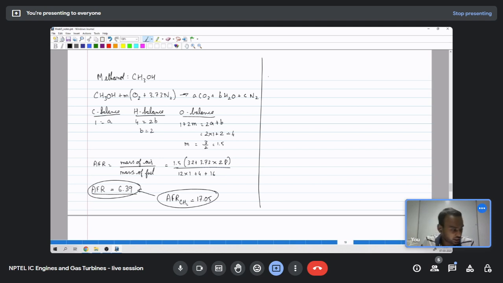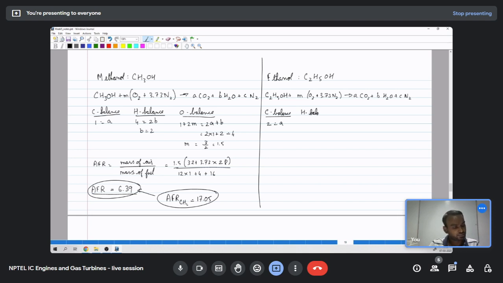Now we will have ethanol, which is C2H5OH. And I have carbon balance. On the left hand side I have 2, and on the right hand side I have A, so the value of A is known.